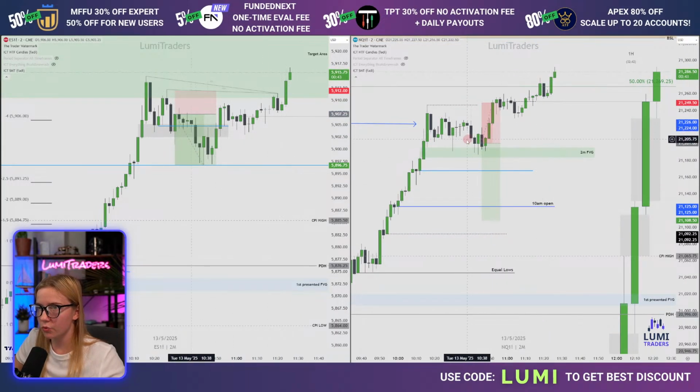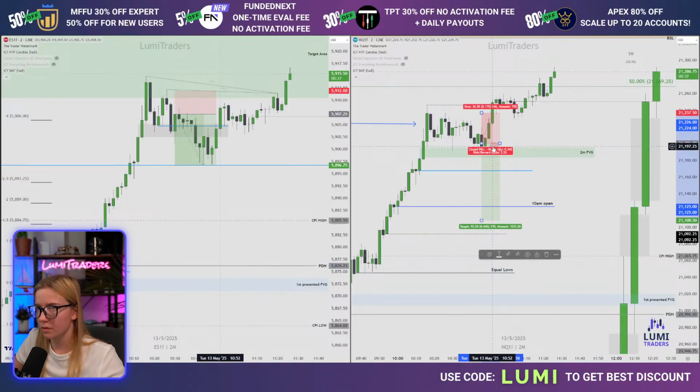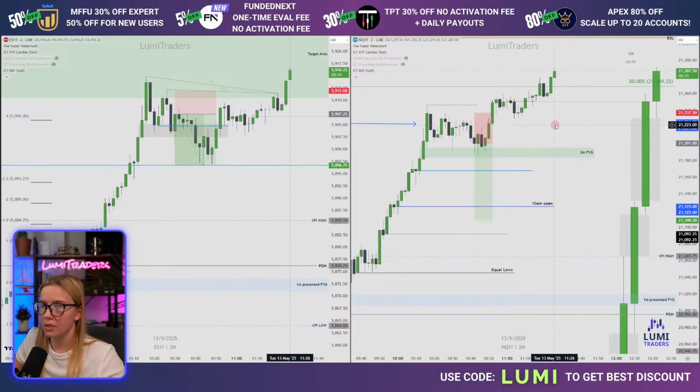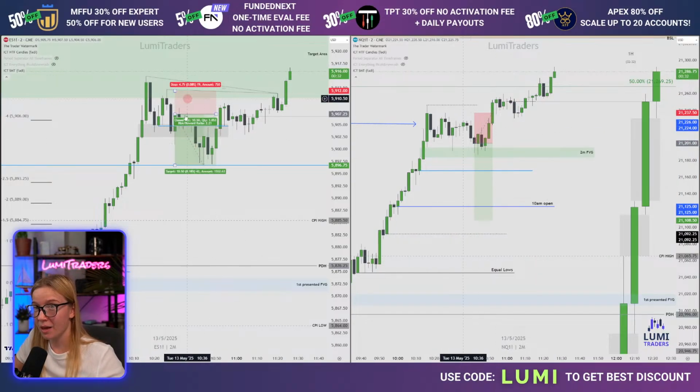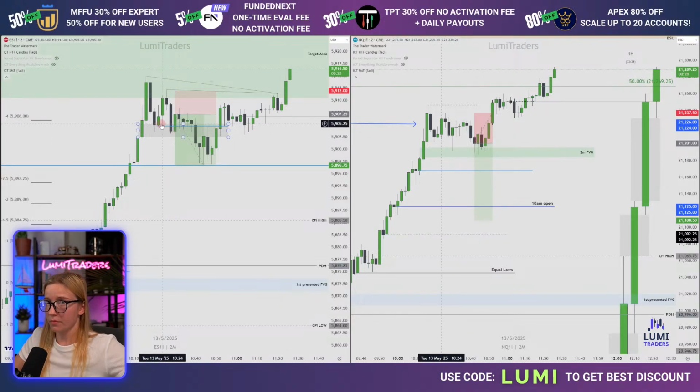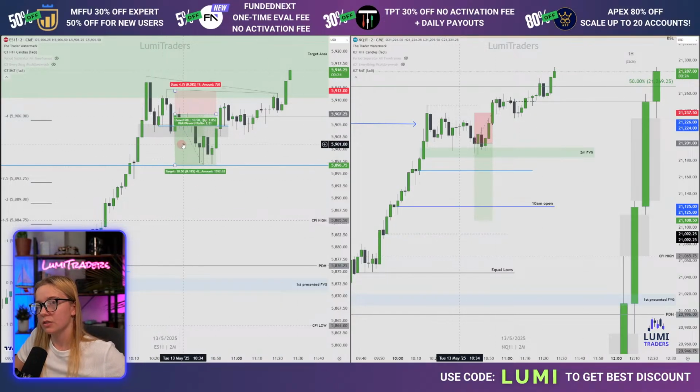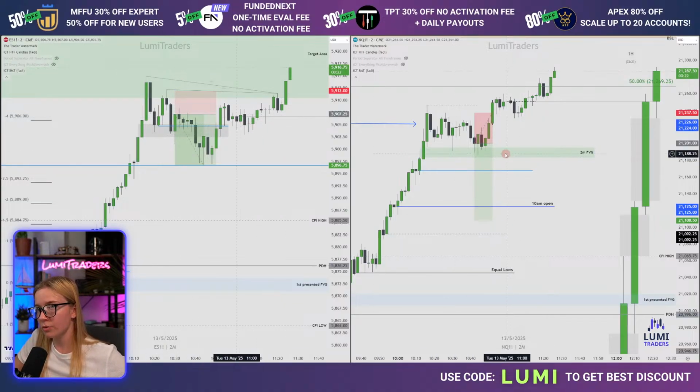As you can see, it failed to work on NQ. My stop loss was right here. So for some reason, it played out on ES. Exactly the same idea. We got a 2-minute order block, but I would not say we got time distortion right here. So on ES it played out, on NQ it failed.